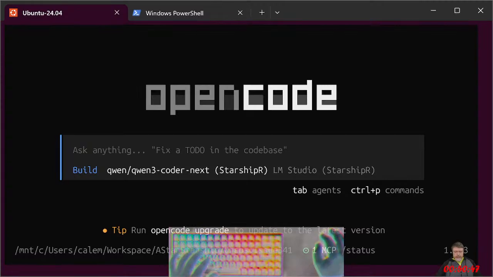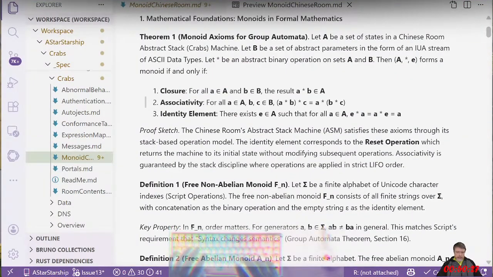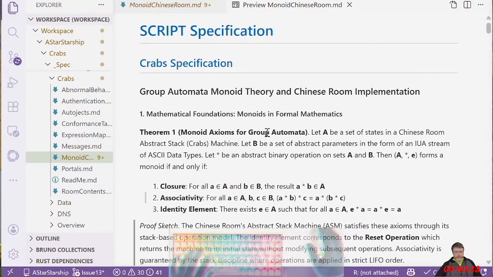It's like they just need to do research or something. And I'm using Qwen 3 Coder Next, which isn't exactly what I should be using. Plus there's newer ones. So I guess we'll just look at the research.